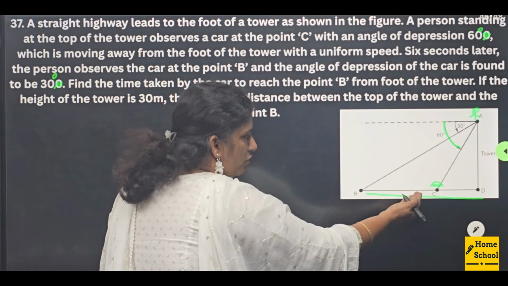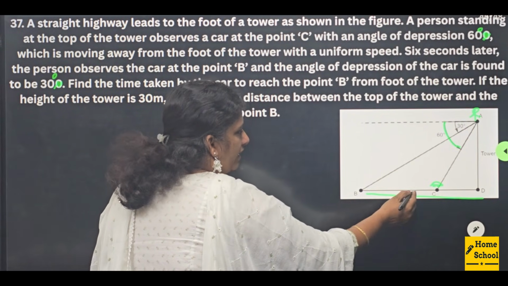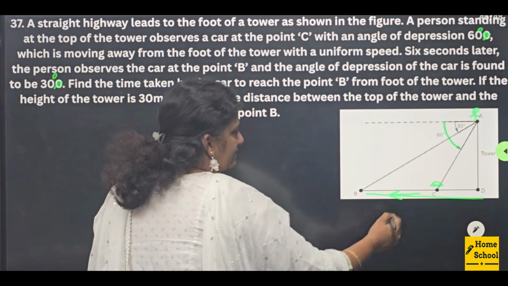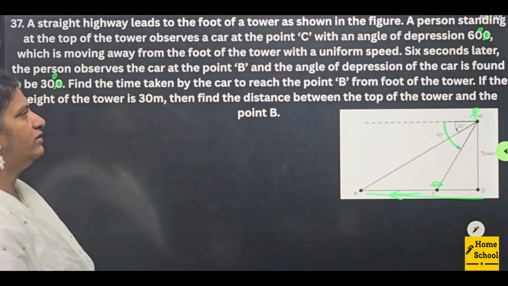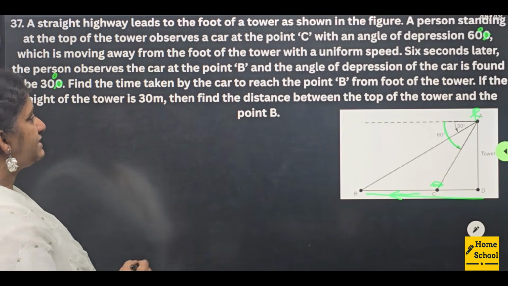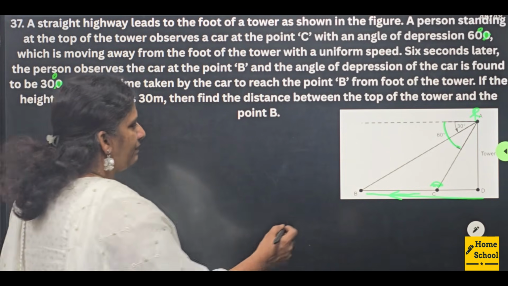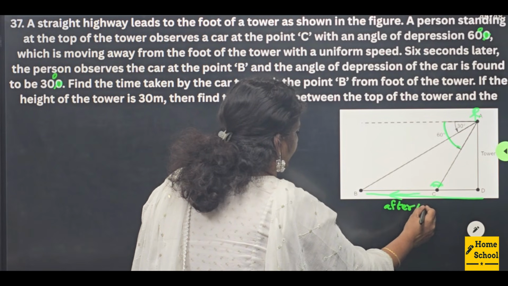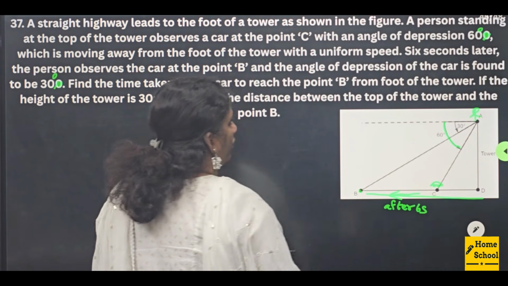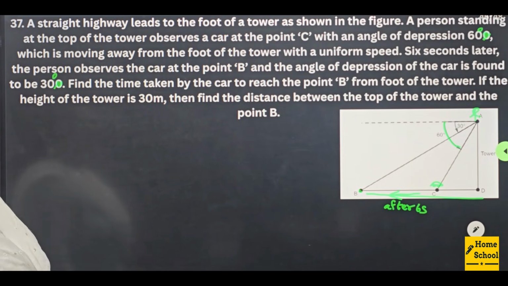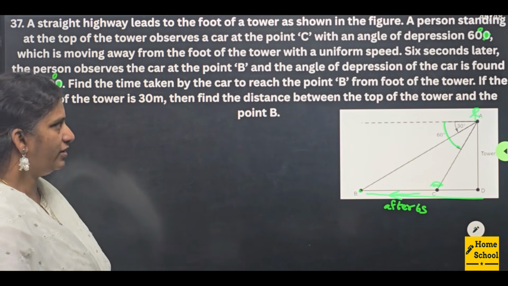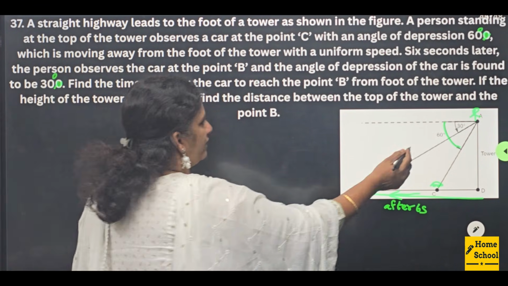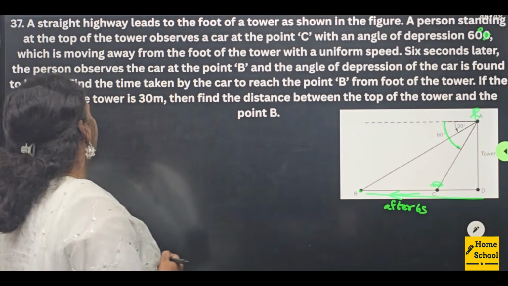60 degree angle, which is moving away from the foot of the tower. A car is moving away from foot of the tower, means in this direction it is moving with a uniform speed. 6 seconds later, the car is at the point B. The person observes the car at the point B and the angle of depression of the car is found to be 30 degree.